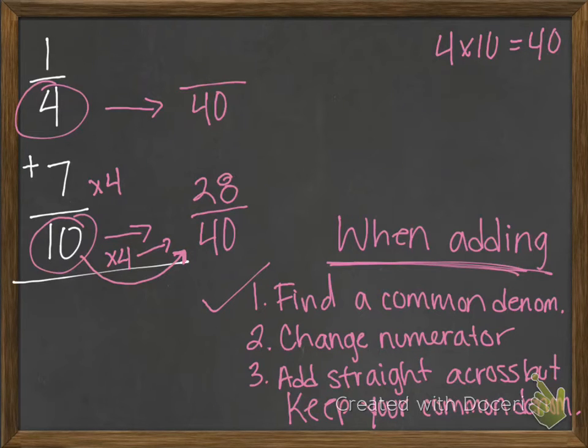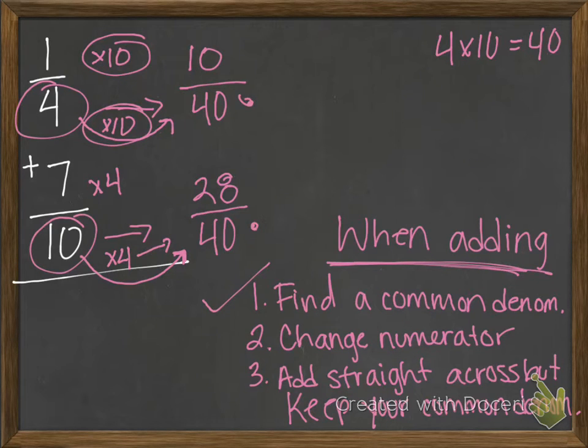All right, now we're done with that one, but we have to do it up here to the top problem. 4 times what gave me 40? 4 times 10. So whatever we do at the bottom, we have to do to the top. 1 times 10 is 10. Okay, do we have common denominators?